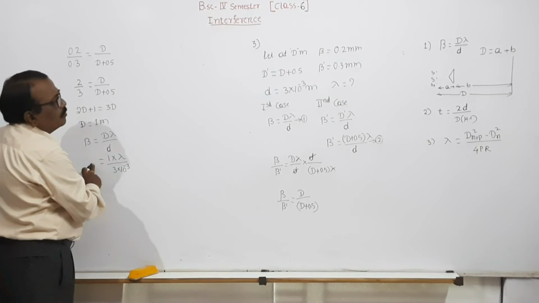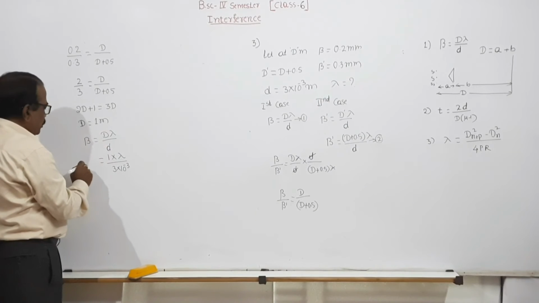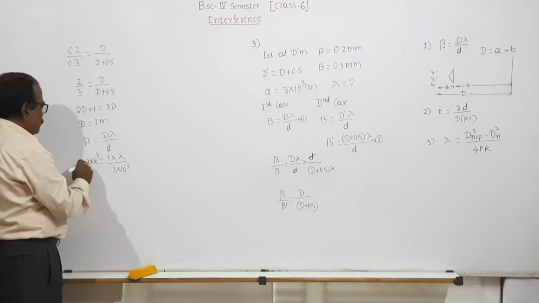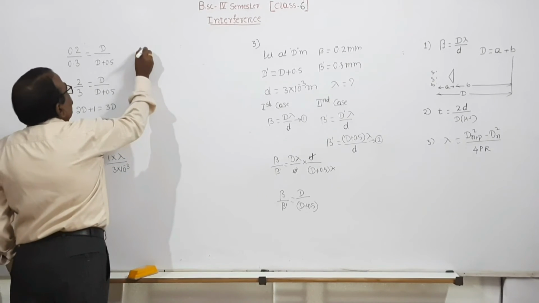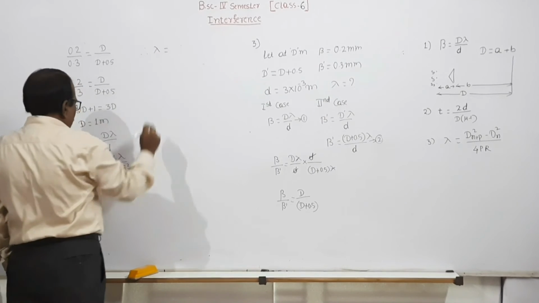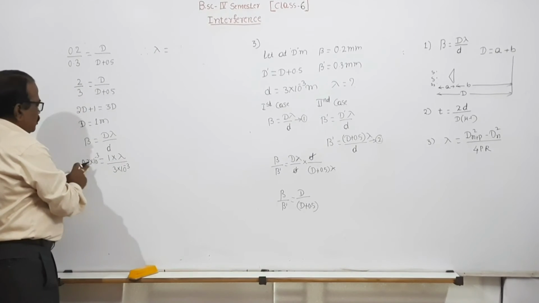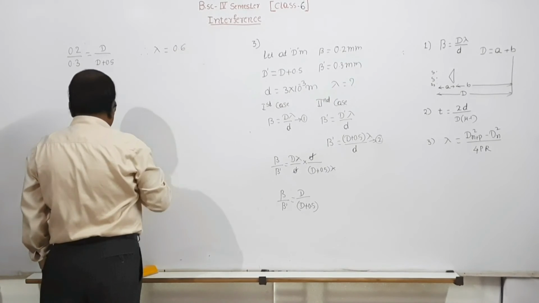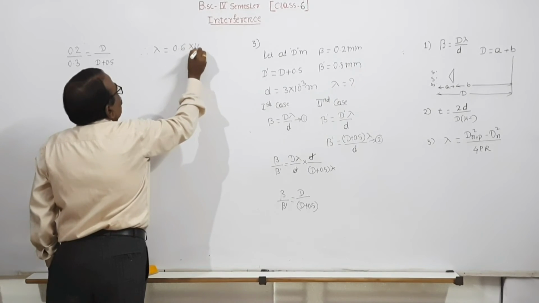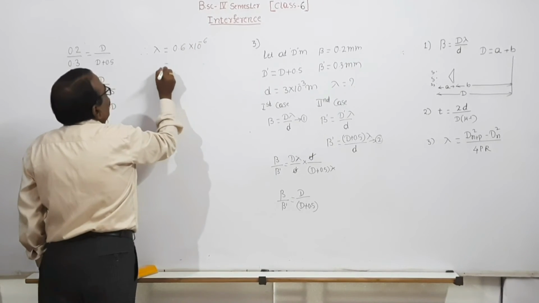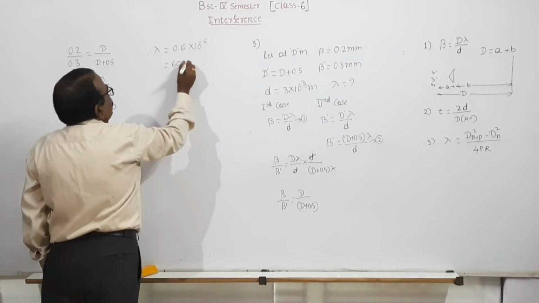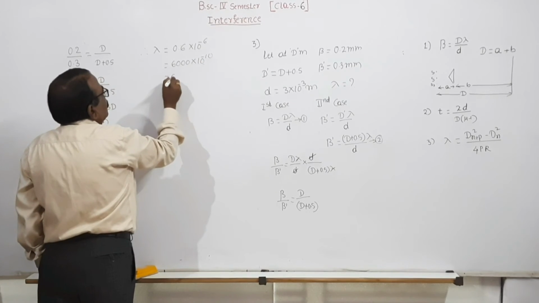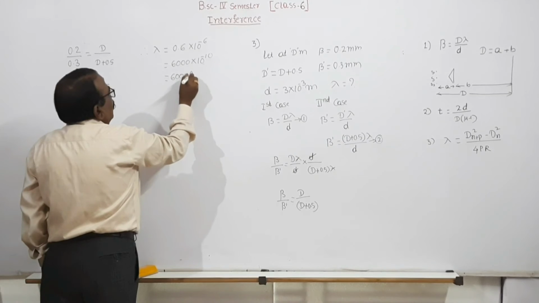So beta is also given 0.2 millimeter, 0.2 into 10 raised to minus 3 it is. Therefore, your lambda is 3 into 0.2 is 0.6, 10 raised to minus 6, or this is 6000 into 10 raised to minus 10. Answer is 6000 angstrom unit.